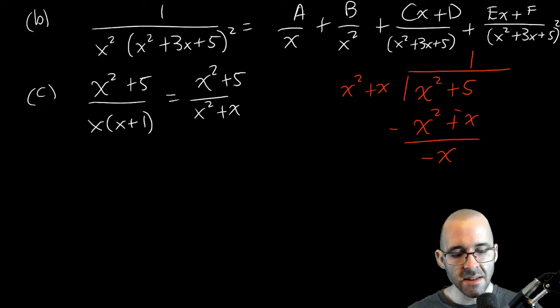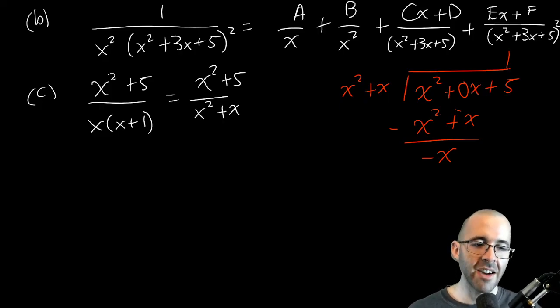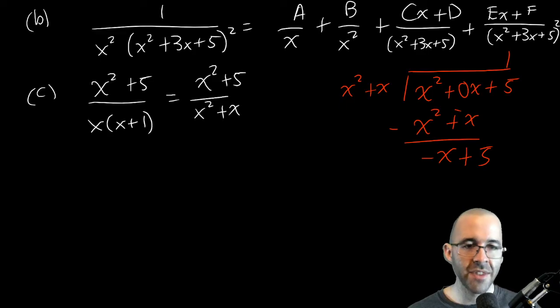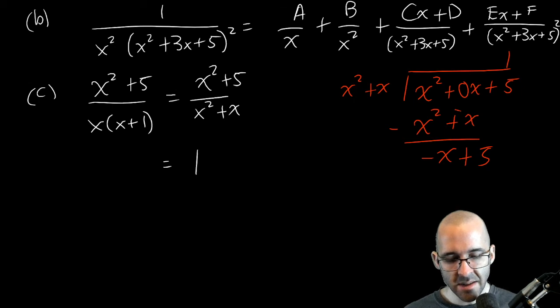We're left with negative x. Oh, I forgot. It's good practice to write this as x squared plus 0x plus 5. I don't do a lot of long division anymore. Now 0x minus x is negative x, and then bring down the 5. That's our remainder. So this is 1 plus our remainder, which is 1 over x squared plus x.